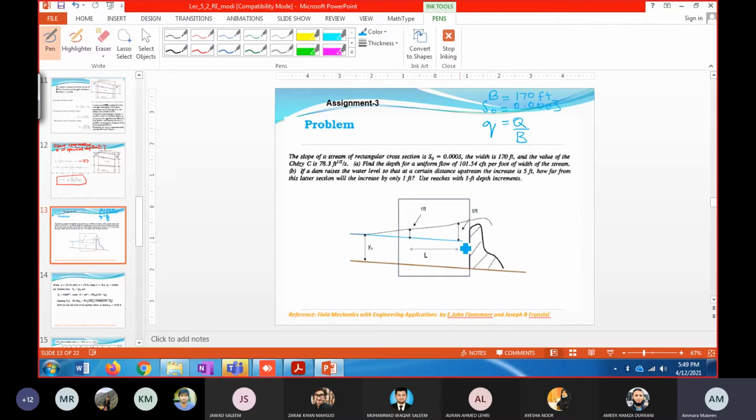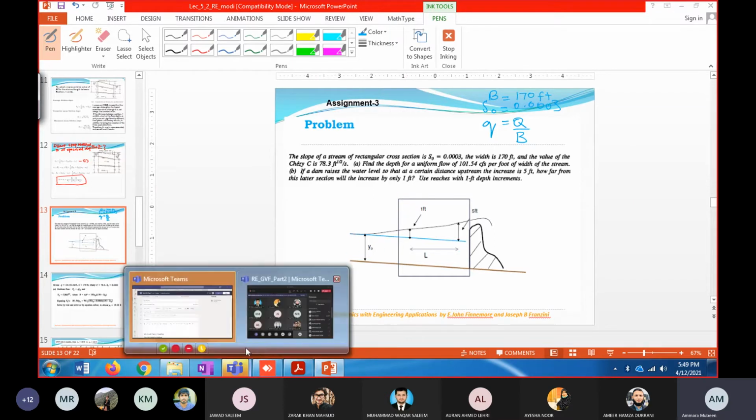They have given us the increase in depth from the normal flow depth. There is another section in which the increase in depth is 1 foot, and they have asked you to determine the length between y naught plus 5 feet and y naught plus 1 foot. Just think about it. I'll be coming back in a while.